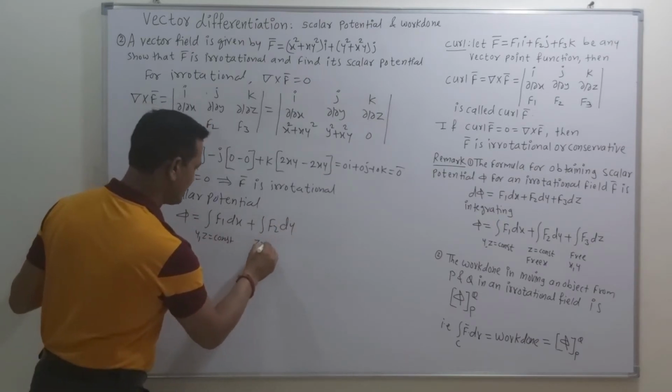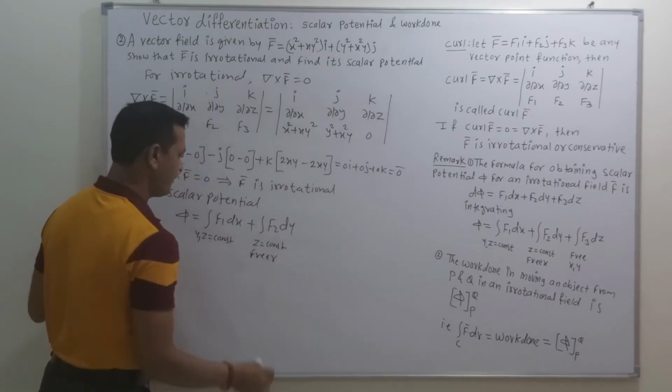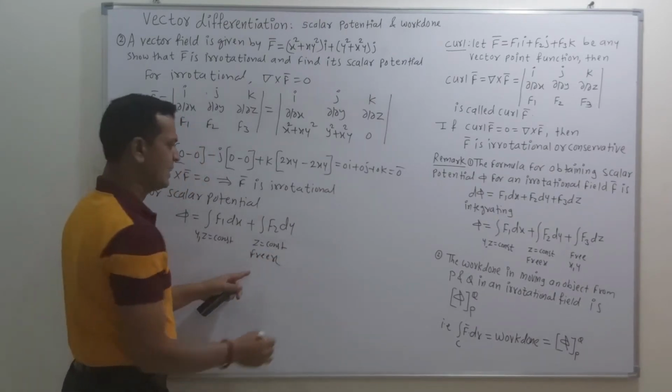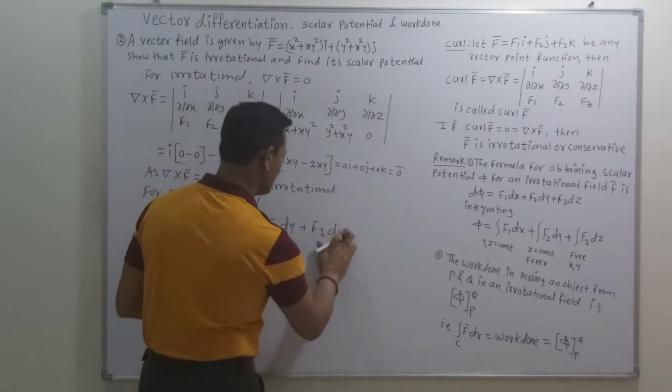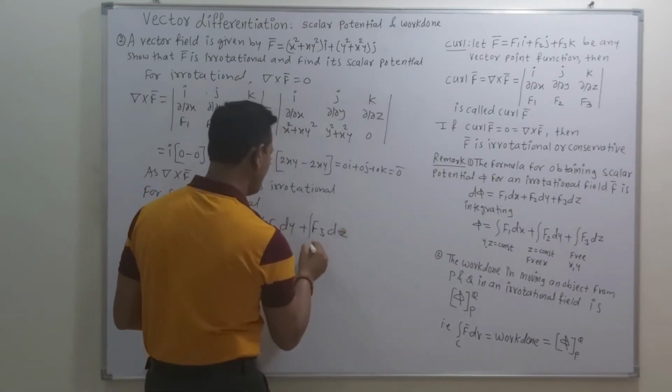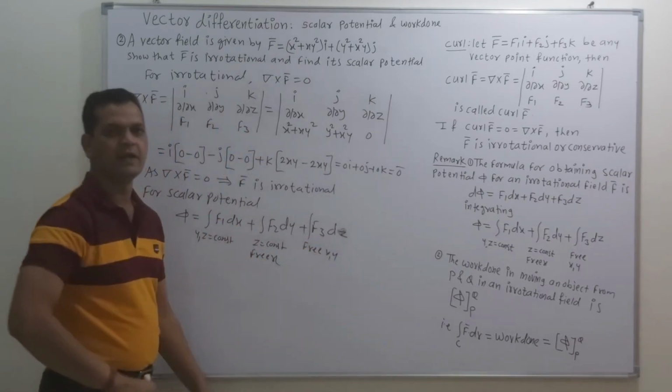So in this integration, z is constant and terms are free from x. Then next is plus integration of f3 dz. So here terms are free from x and y.